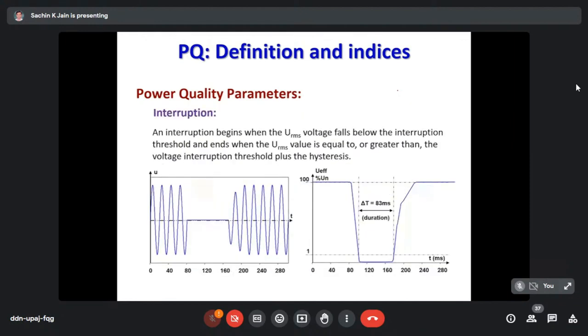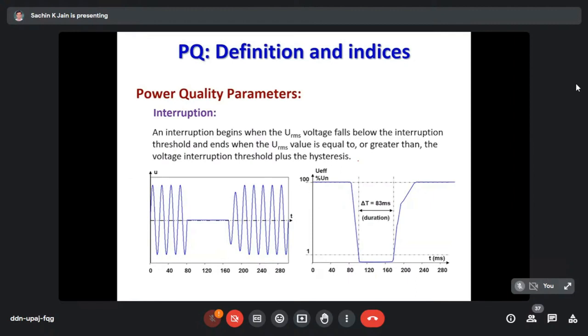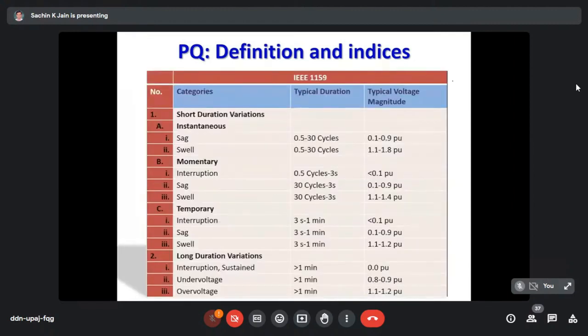You can go through different standards for how they are defined; there is a specific definition of when we consider a voltage sag, swell or interruption. The IEEE standard defines them as instantaneous, momentary, or long duration variations, with typical duration and typical magnitude.